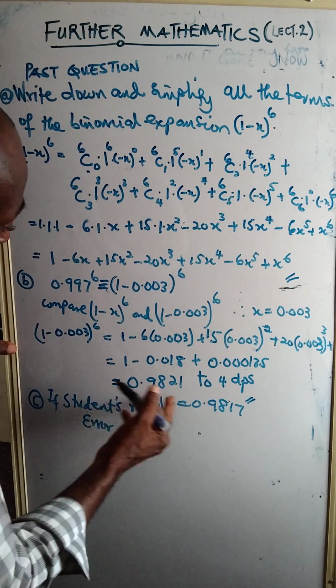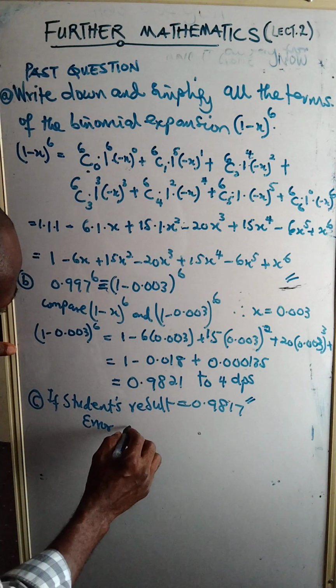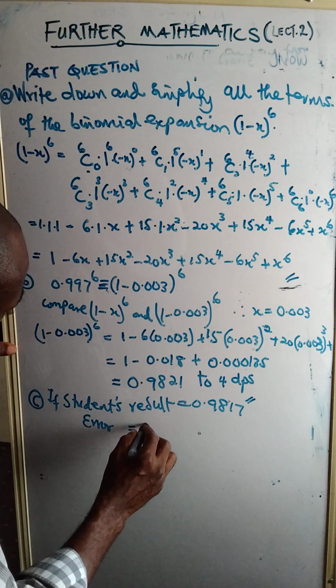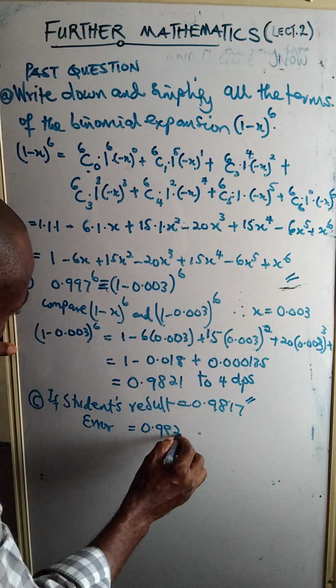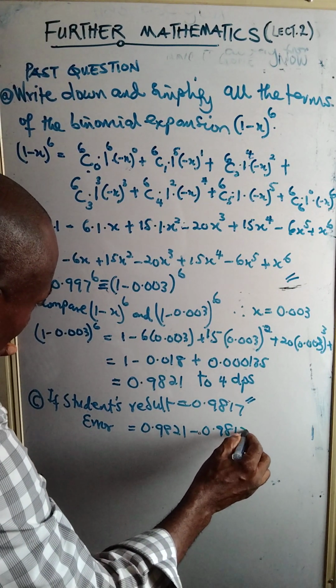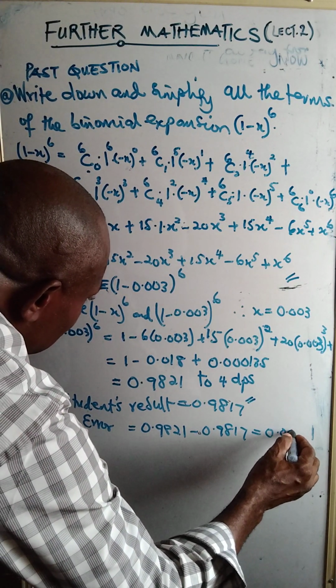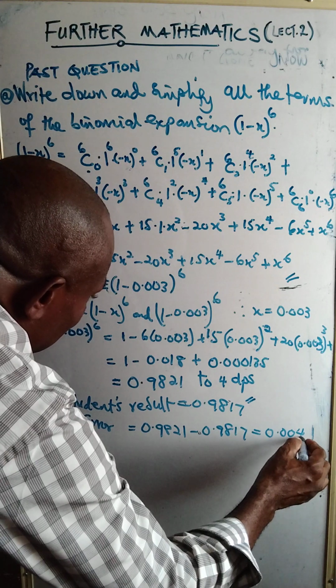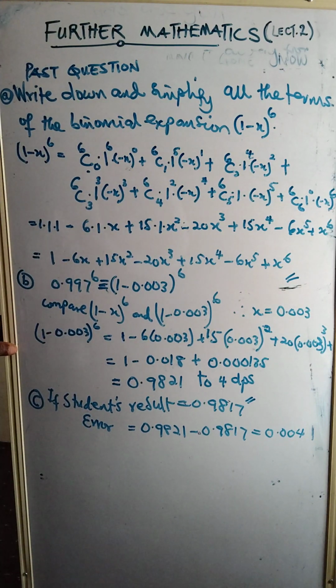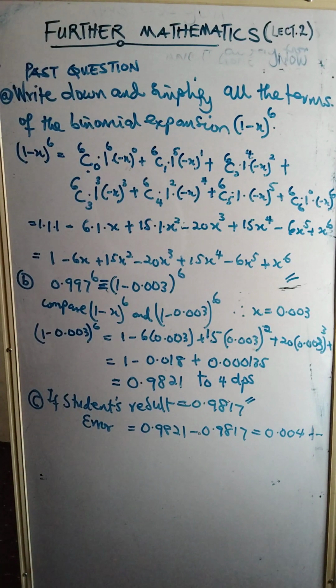If this is the real result and this is what the student arrived at, the error is going to be 0.9821 minus 0.9817, and that's going to give you 0.0004 and so on. It's going to continue like that.